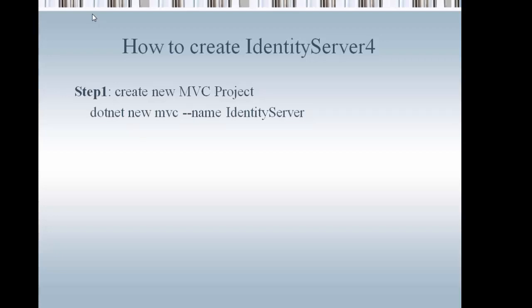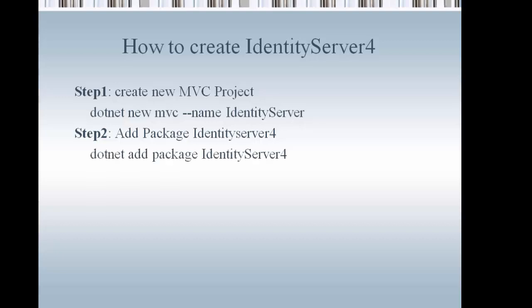You can create your project by using Visual Studio 2017, but we can also create the same project with the .NET CLI command. So here this is dotnet new mvc, provide the name, and I am using IdentityServer. You can provide the name as per your requirement.